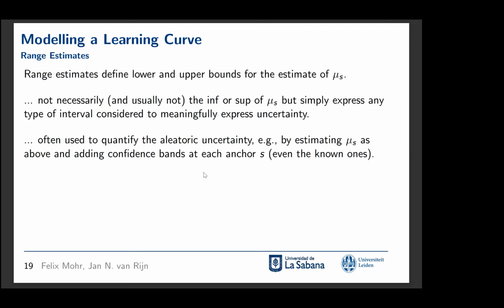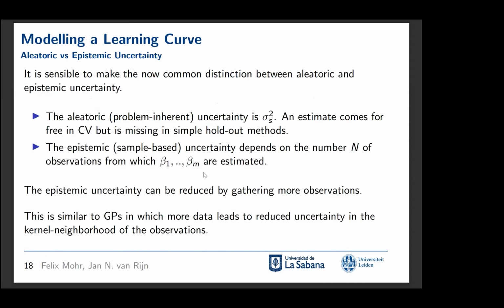I think that depends a bit on the application. Going back to this one here, you have to ask yourself, is the aleatoric uncertainty important to you? Is it important for you to understand the noise that you have in the data? Then, of course, it's somehow important to measure or assess this.